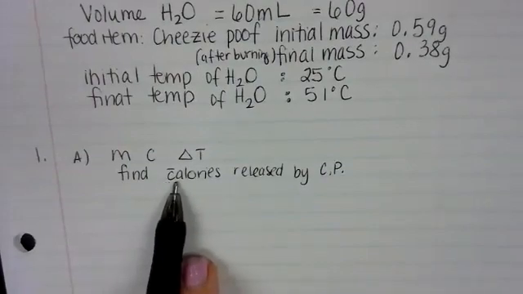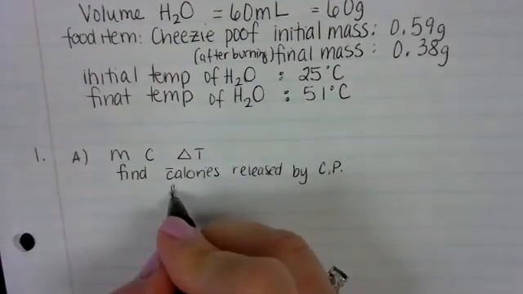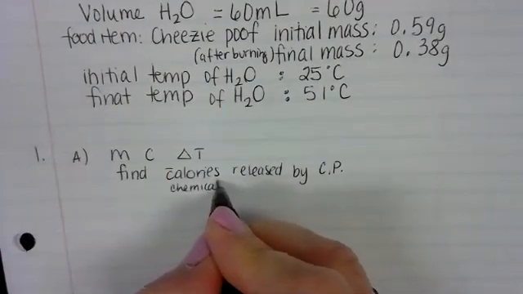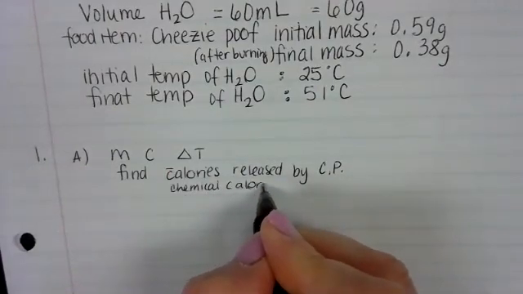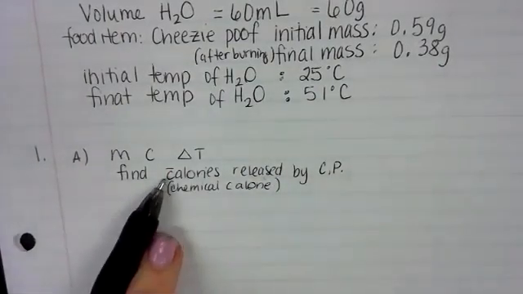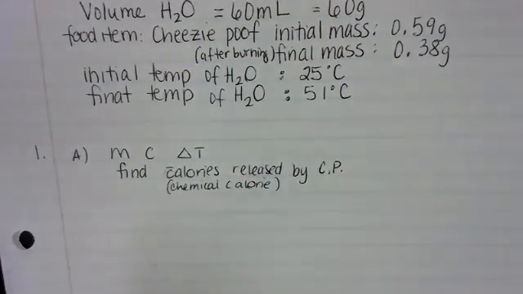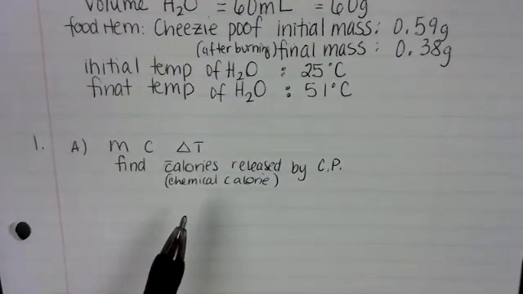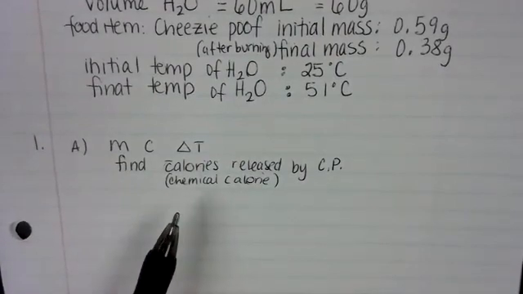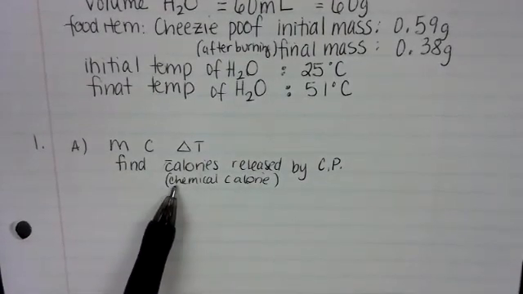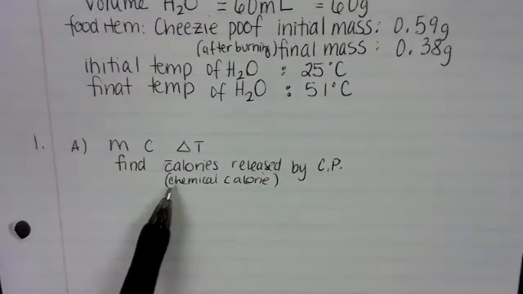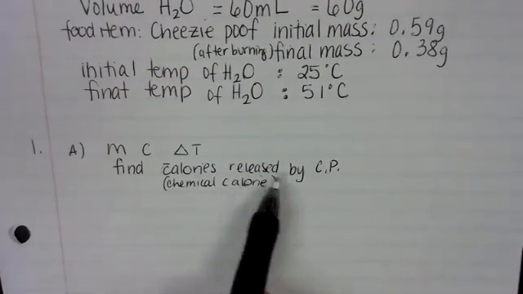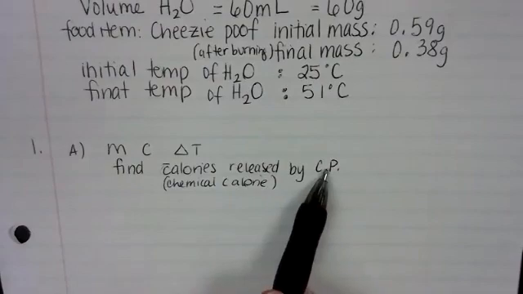So first of all, let's recognize that this is called a chemical calorie, the little c calorie. I put the line there to represent it's a lowercase. It is not a food calorie. So in the back of your packages of nutritional values, when it says calories, this is not what I'm referring to. I'm referring to a chemical calorie. So it is released by the cheesy poof.